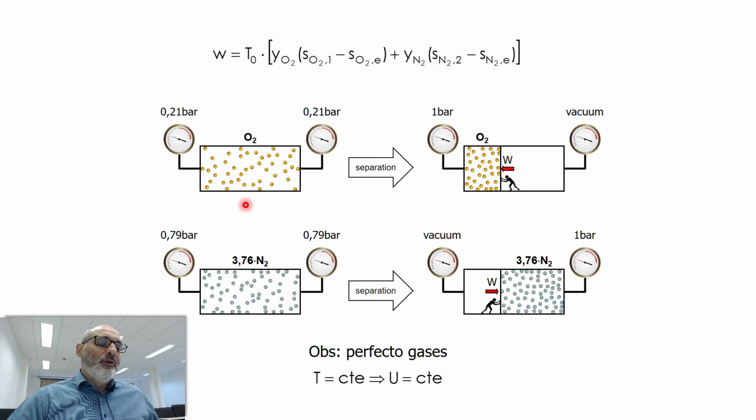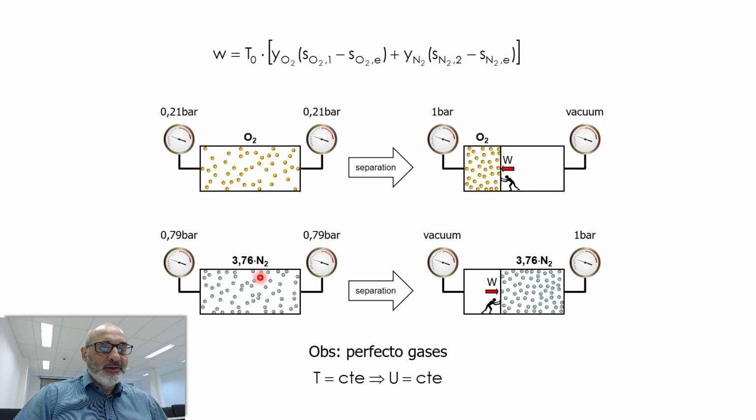So for O2, for oxygen, what's happening is you can imagine a piston here being pushed by someone or something exerting a force. Okay, so force times this displacement, because I have to put all golden molecules, golden dots on the left side, so I have to push them to the left side, and this force times the corresponding displacement is the separation work associated with the separation of O2, okay?